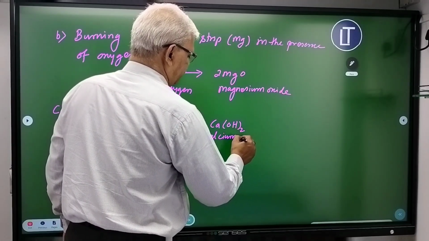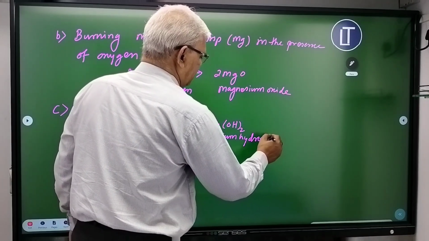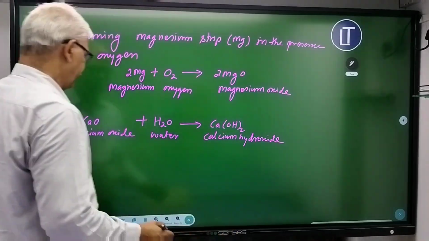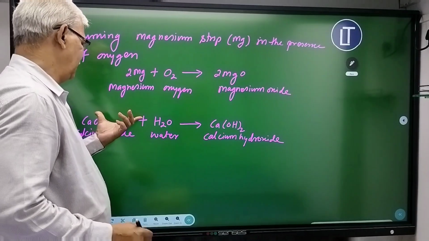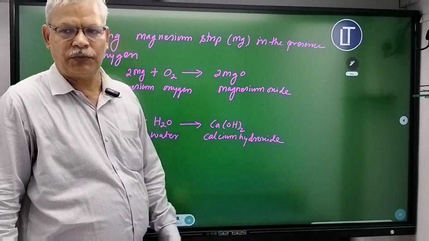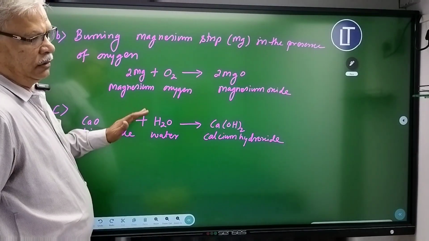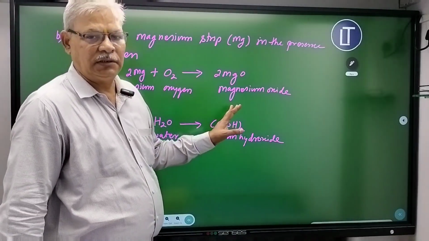Okay, from two reactants we are getting a single product. These are the examples of the combination reaction.